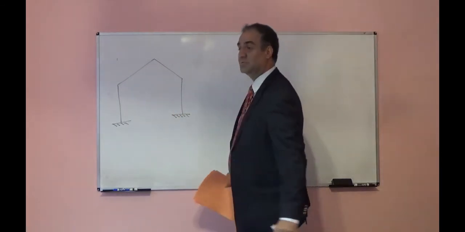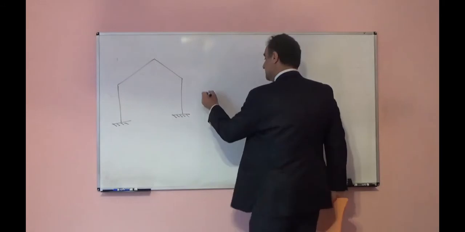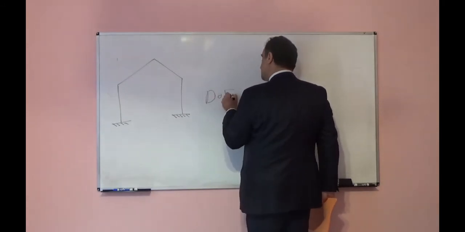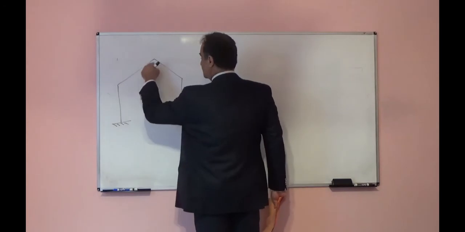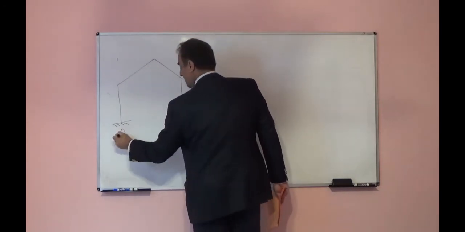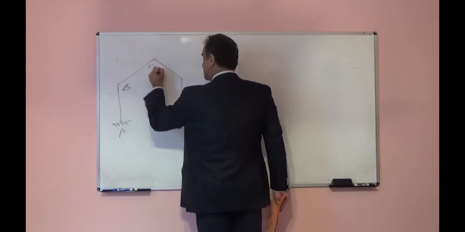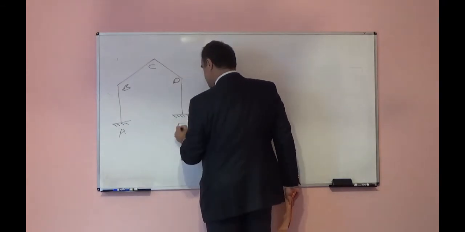Let's look at the degree of freedom for this frame. How many nodes do we have? 1, 2, 3, 4, 5. A, B, C, D, E.